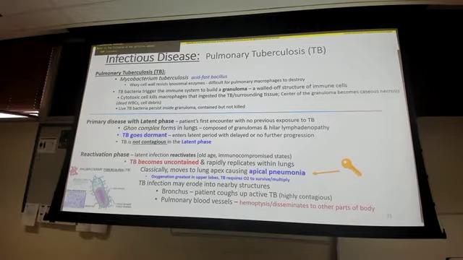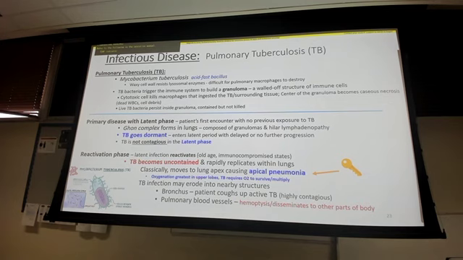That's what actually makes up the caseous necrosis. We talked about that last block, this cheesy type of necrosis. All that caseous necrosis is just these dead white cells, this live TB, and some of the tissue that got destroyed in the process.